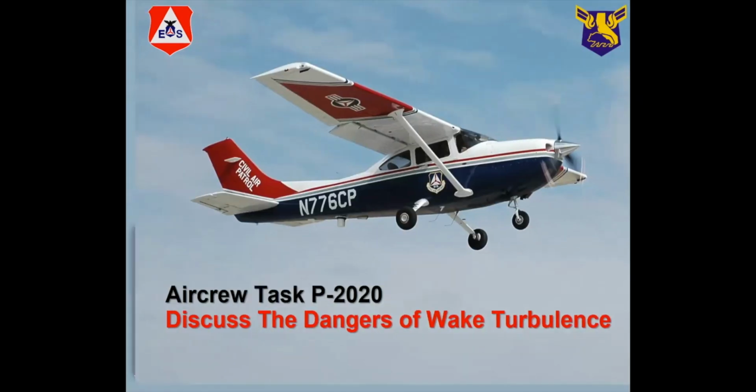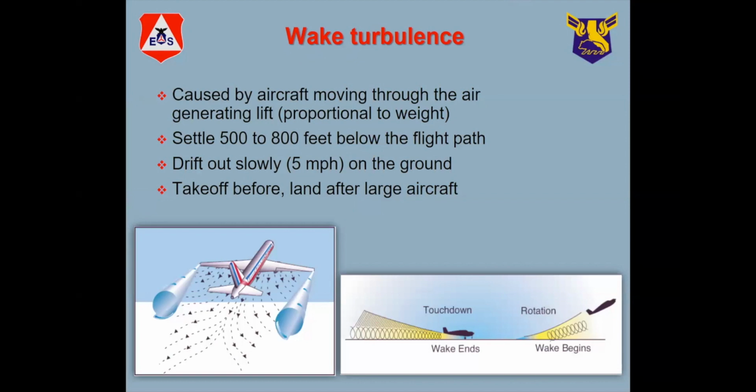Okay, wake turbulence. Basically, big airplanes moving through the air make a wake, just like a boat going through the water. And the heavier they are, the bigger wake they make. They make a vortex, kind of like a little tornado. They can be very, very fast, and they can upset an airplane of our size and bigger without much problem.